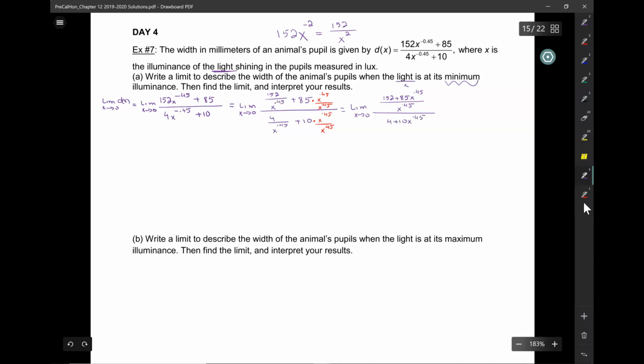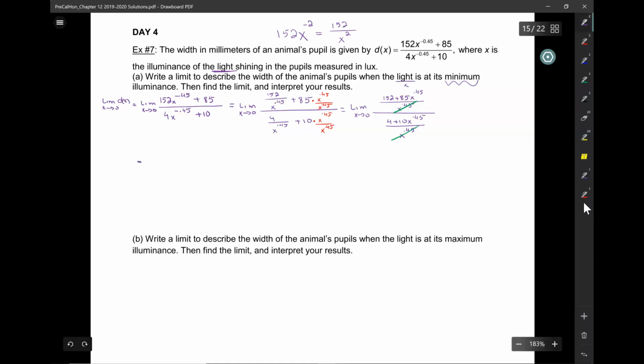And there is a method to this madness. There is a reason why I'm doing this, and it'll become clear in part B. Over x to the 0.45. I know there are other ways to simplify this one, but just bear with me here. So now does anything cancel here? Well, yeah, this cancels and that cancels.